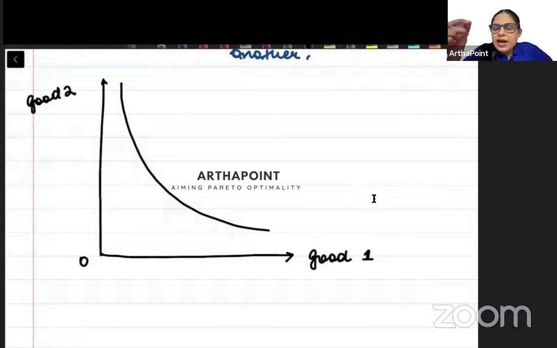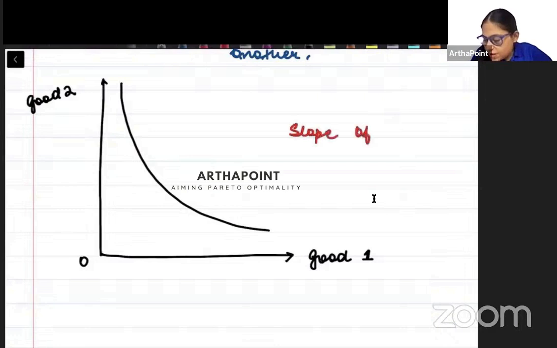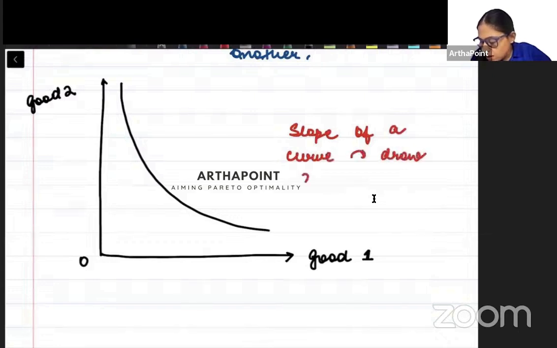And I am drawing the slope of the indifference curve. Slope कैसे किसी भी curve का बताते हैं? How do we draw the slope of anything? To understand the slope of a curve, we will draw a line tangent to the curve.